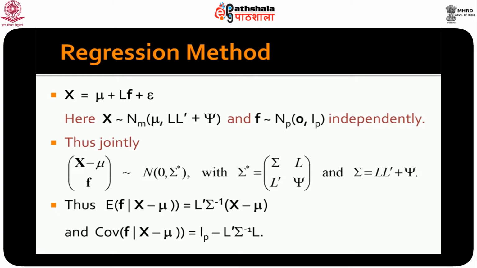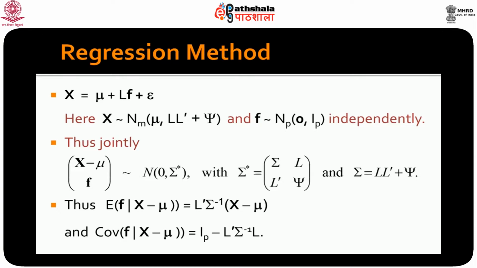Once we do that, remember that firstly x has a normal distribution with mean 0 and variance covariance matrix LL prime plus psi. So we assume that this is normal with the corresponding mean and variance.